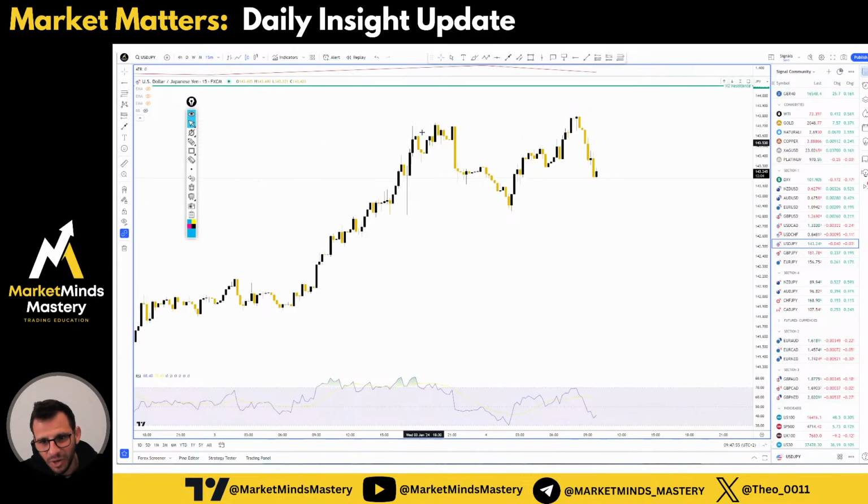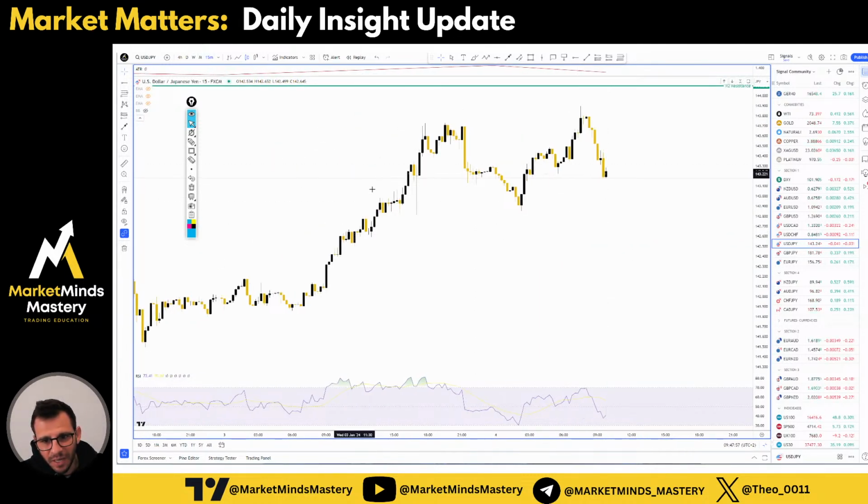On the 15-minute chart, sellers managed to push the price below this swing low here. Some people might want to initiate short positions. I want to wait for the price to get outside of this consolidation, because that's a 15-minute time frame. And if it gets outside of this consolidation, I will definitely be looking to short the USD JPY.